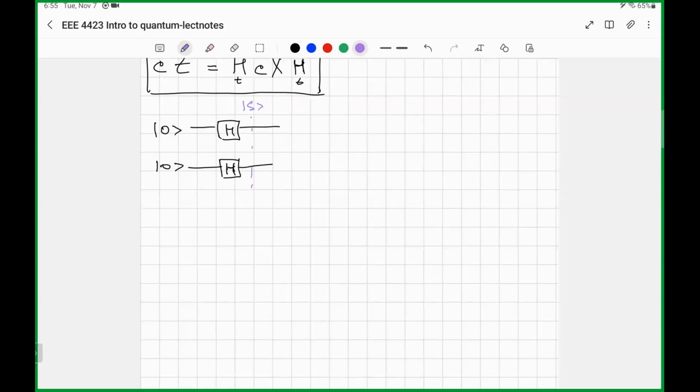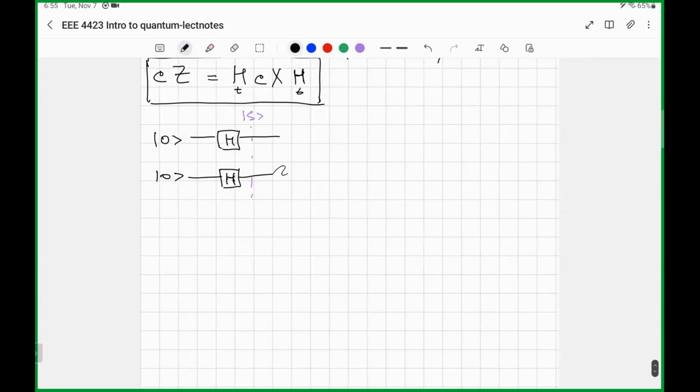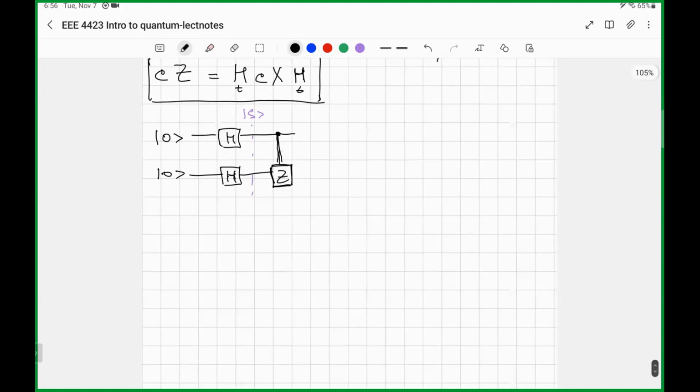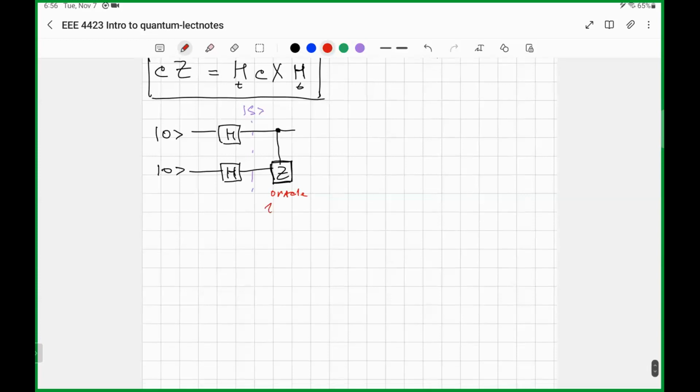Then the oracle, as we discussed, is just the control Z gate. So this is the oracle, in this particular case, the operator U omega orthogonal.